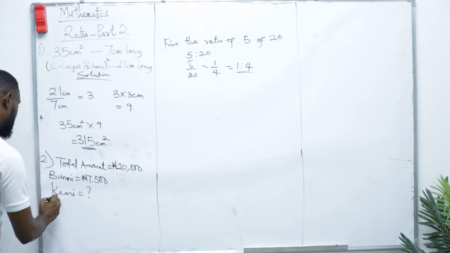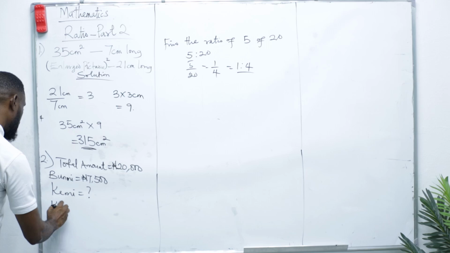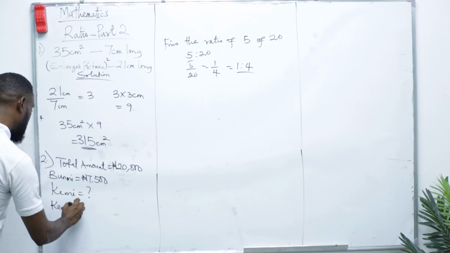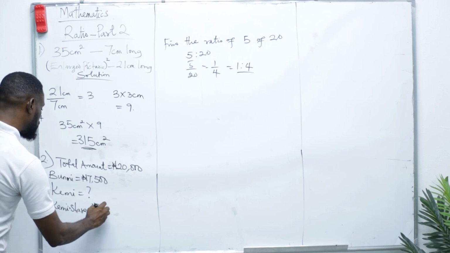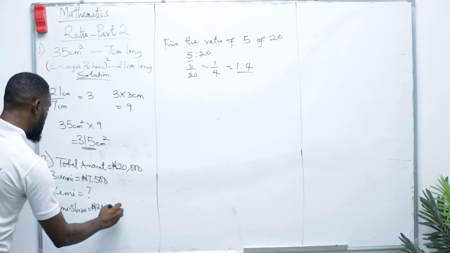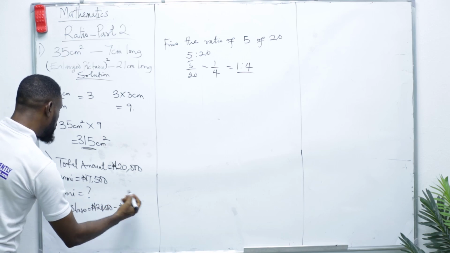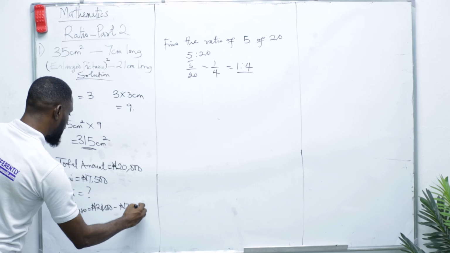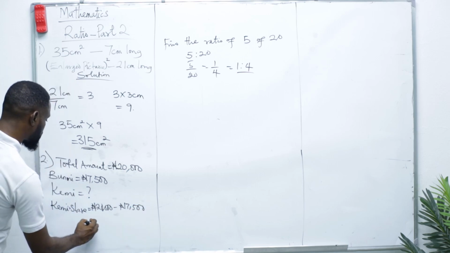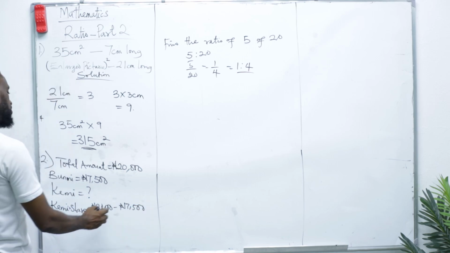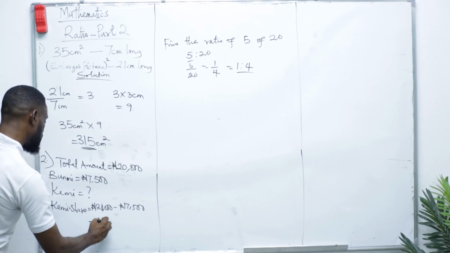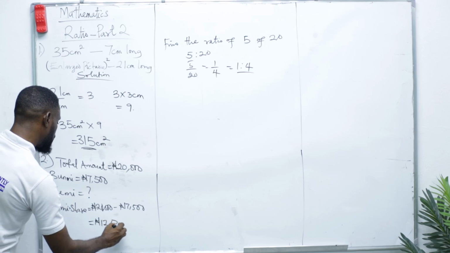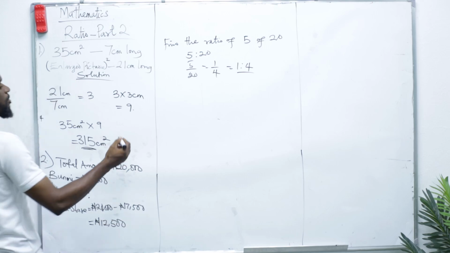So what that means is that Kemi's share is going to be equal to 20,000 naira minus Bumi's share, 7,500 naira, to give us about 12,500 naira.